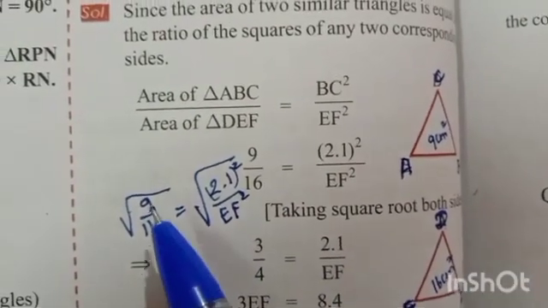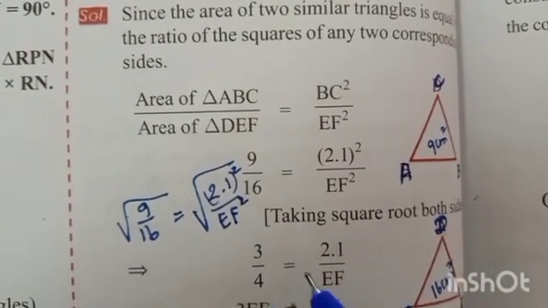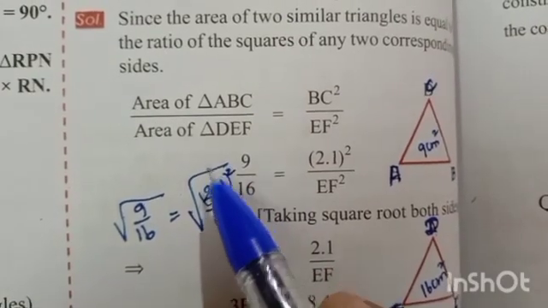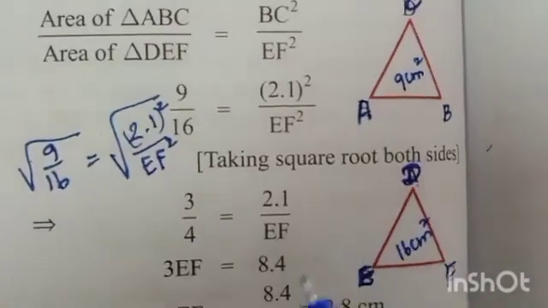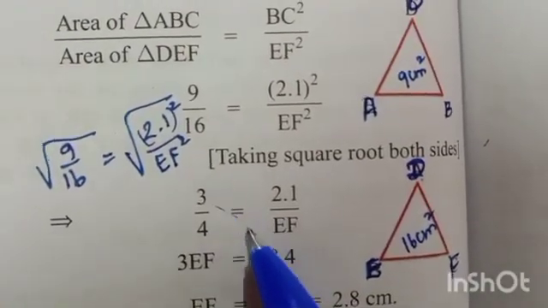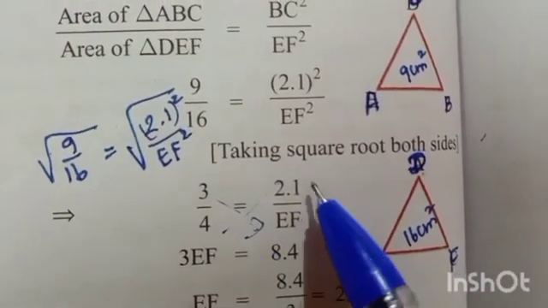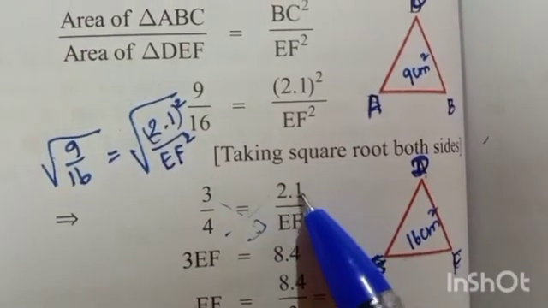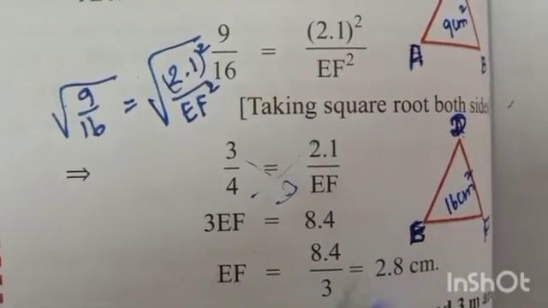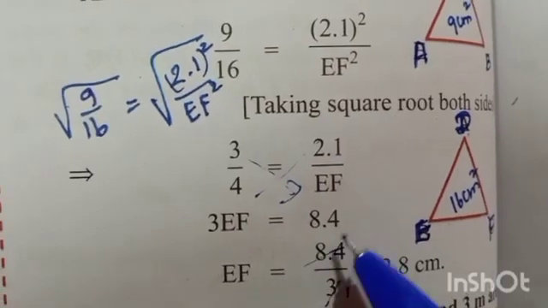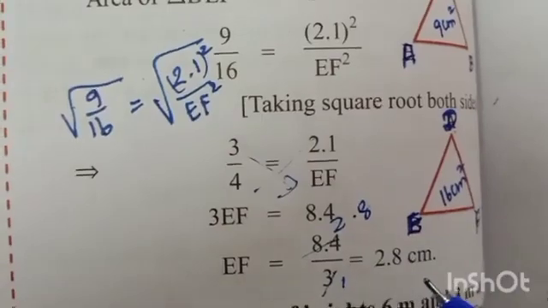Root 9 value is 3, root 16 value is 4, and the square and square root cancel. So 3 by 4 is equal to 2.1 by EF. Then make a cross multiplication: 3 into EF is equal to 4 into 2.1. 4 into 2.1 is 8.4. So EF is equal to 8.4 by 3. 1 3 is 3, 2 3s are 6, balance 2, 8 3s are 24. So EF is 2.8 centimeters.